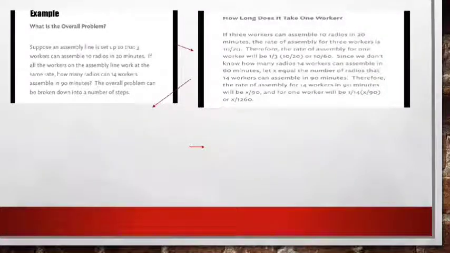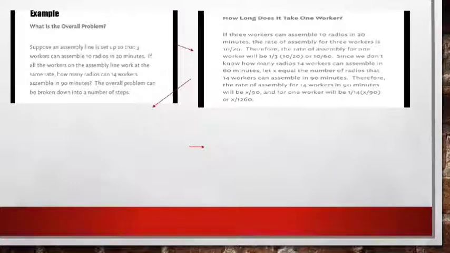So, question, how long does it take one worker? If 3 workers can assemble 10 radios in 20 minutes, the rate of assembly for 3 workers is 10 over 20. Therefore, the rate of assembly for 1 worker will be 1/3 of 10 over 20, or 10 over 60.